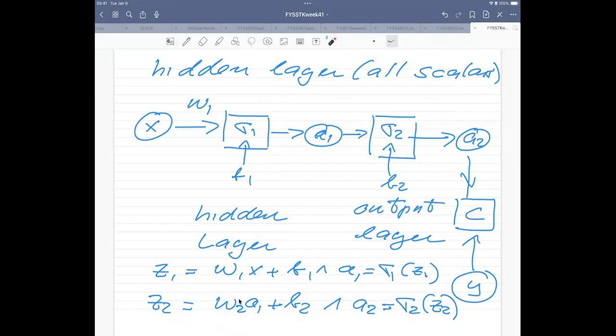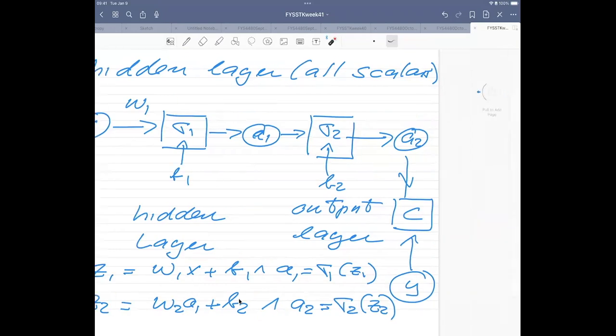So you get a nonlinearity already there. Depending on the function here, you will bring in some nonlinearity. But here definitely, since you have sigma 2, which receives Z2, which contains A1, which is given by this quantity, which is determined by this one, we have a clear nonlinear dependence on the parameters we want to optimize. This nonlinearity is the magic behind a neural network, that you can fit nonlinear functions.